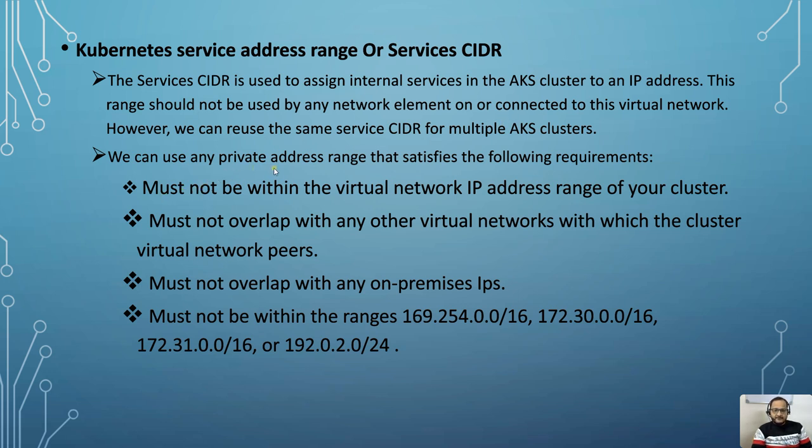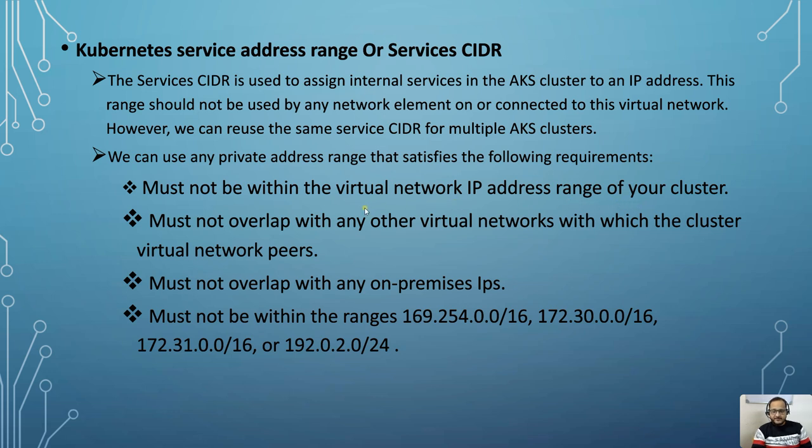We can use any private address range that satisfies the following requirements. These requirements apply whenever you are configuring service CIDR. The first one: it must not be within the virtual network IP address range of your cluster.